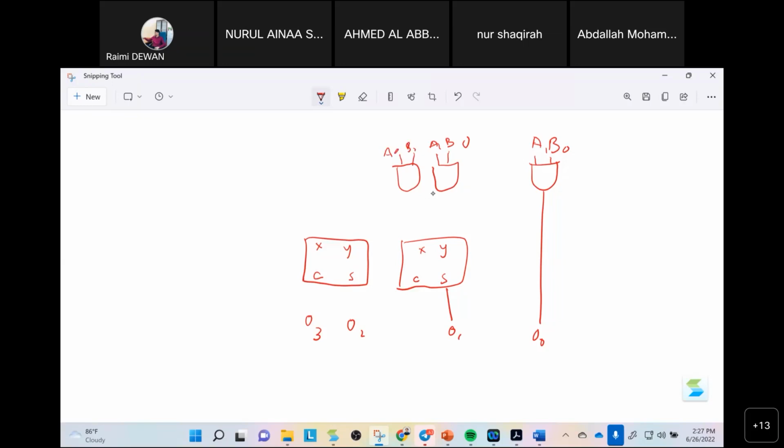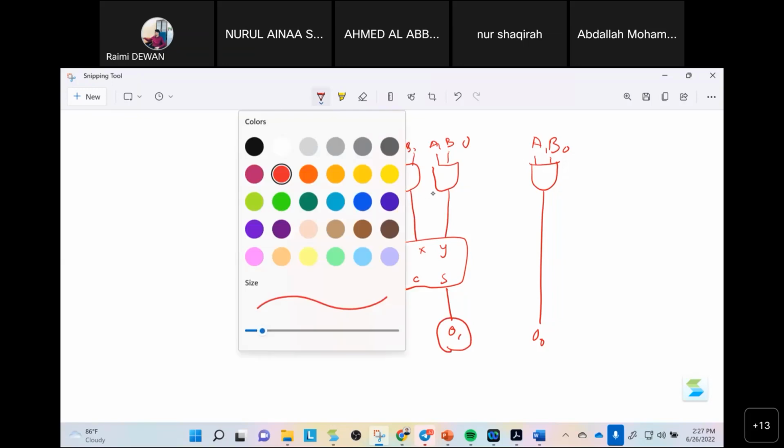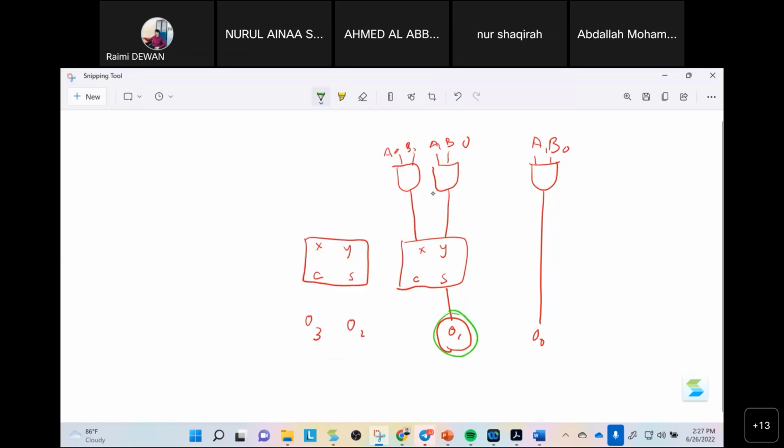This is performing X plus Y. Whatever the summation result, you will get as output 0 and output 1. After that, if there is a carry, it will bring to the next one.